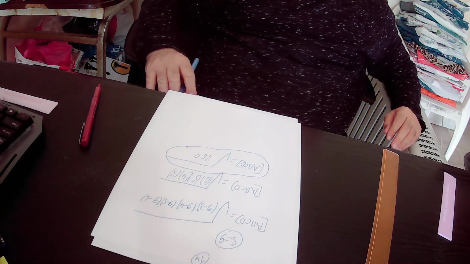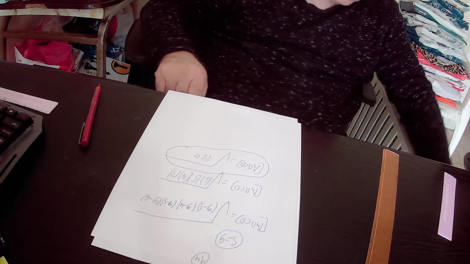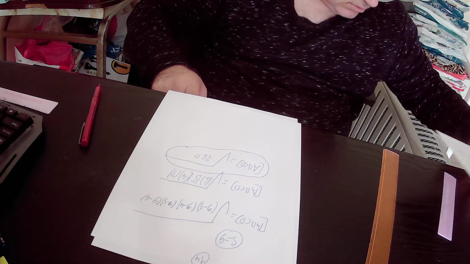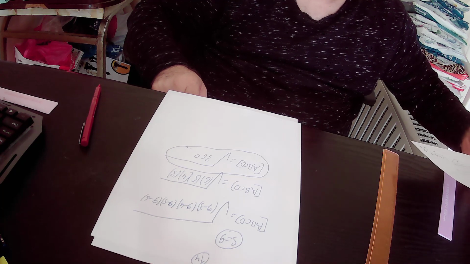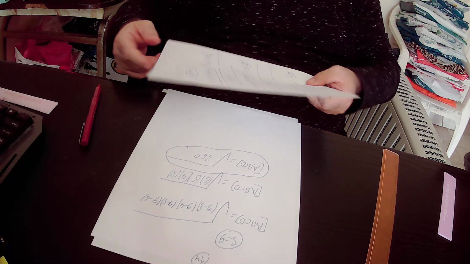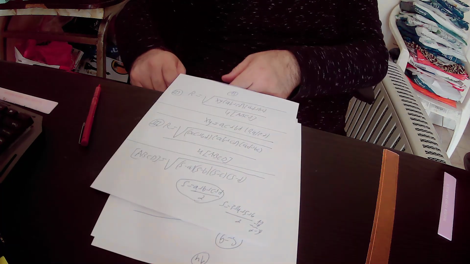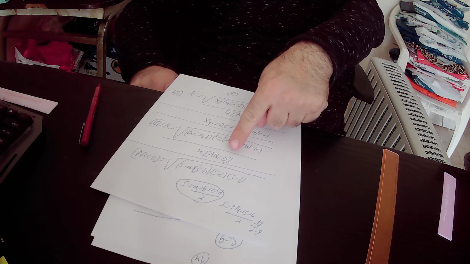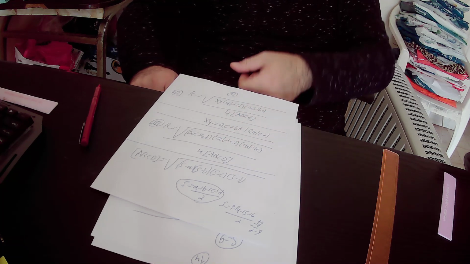Okay, so now we will substitute the area of quadrilateral ABCD in equation number 3 by the root of 360.